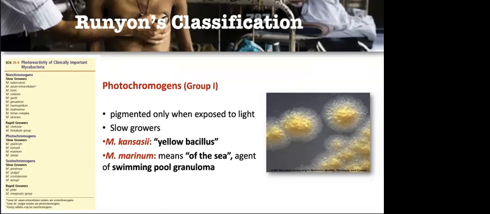So we have 4 groups under the Runyon's classification. First group is photochromogens. These are organisms that can produce pigmented colonies when they're exposed to light. So this would include your Kansasii, the yellow bacillus, or Mycobacterium marinum, which means of the sea. This is the causative agent of swimming pool granuloma.